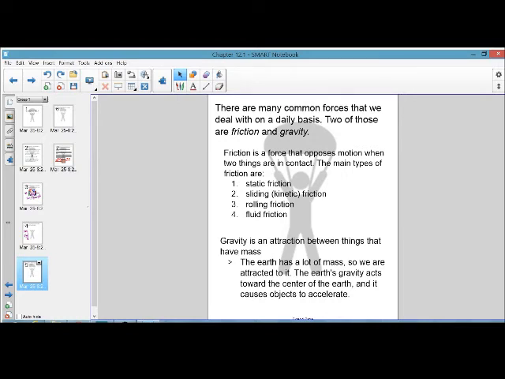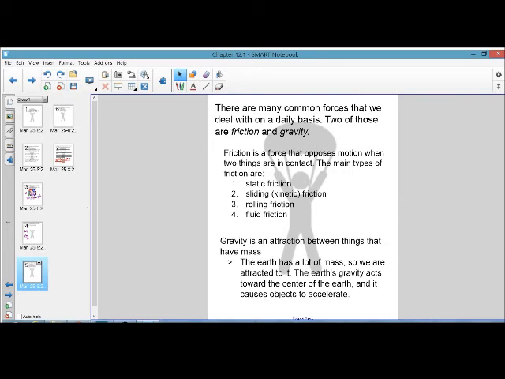So I am gravitationally attracted toward the surface of the Earth, but the Earth is also gravitationally attracted to me. I'm also gravitationally attracted to all of the chairs in my classroom, or the whiteboard, or my water bottle, or my computer. I am gravitationally attracted to everything that has mass, and everything that has mass is gravitationally attracted to me.